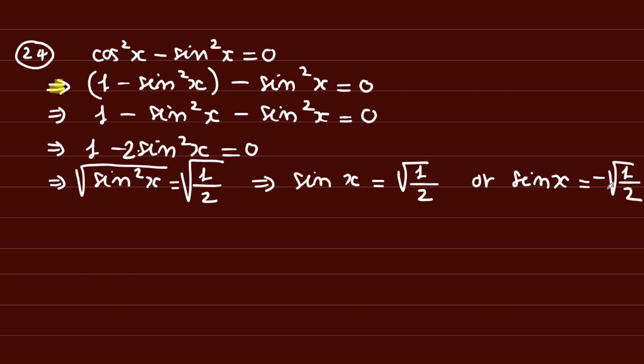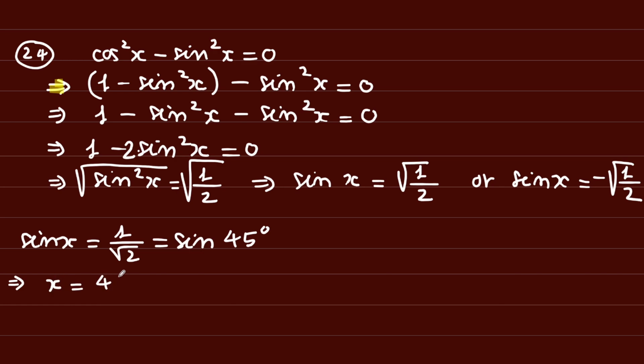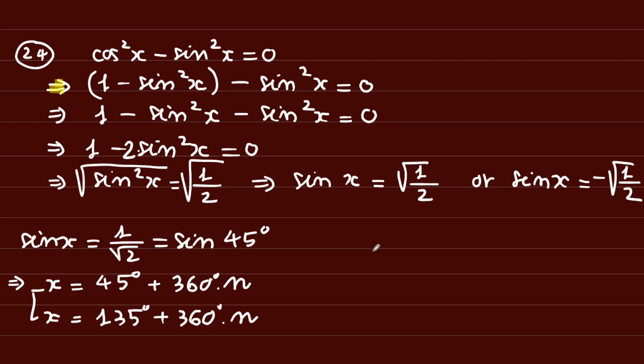And for the first one, you got sine h equal to 1 over square root 2. This is equal to sine 45 degree. And about the general solution, you got the first original angle 45 plus 360 degree multiplied by n. And the other one, you have 135 degree plus 360 degree multiplied by n.